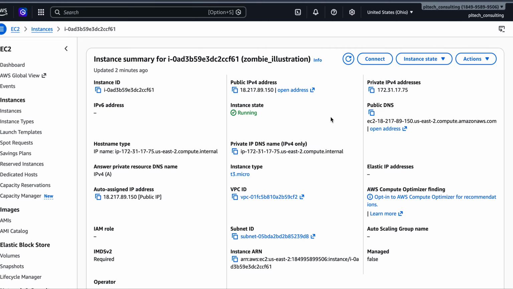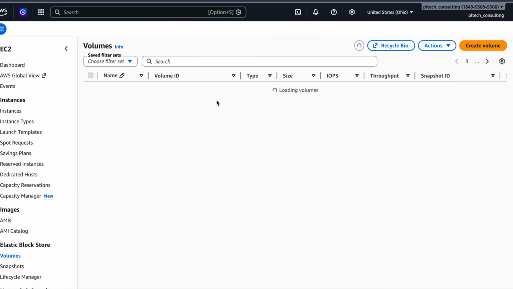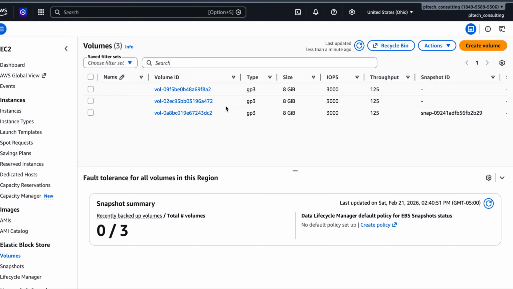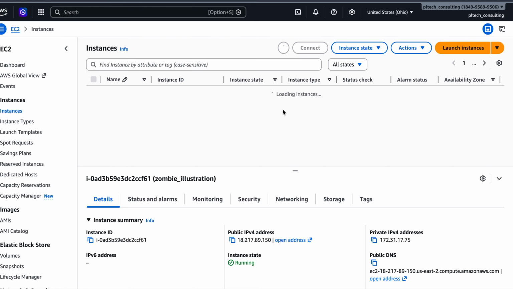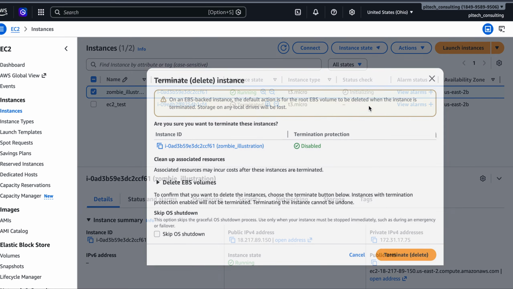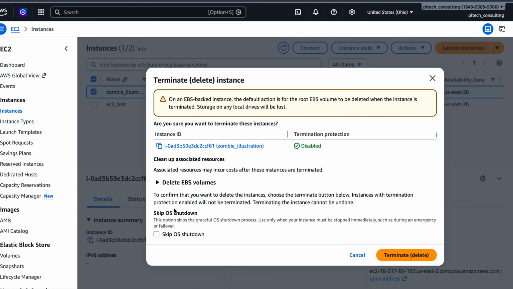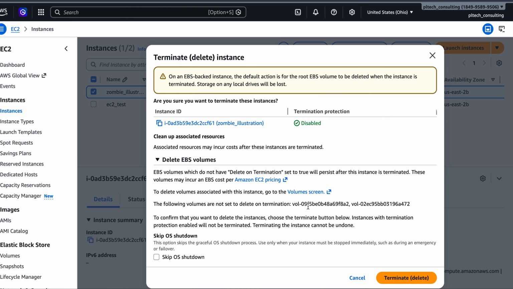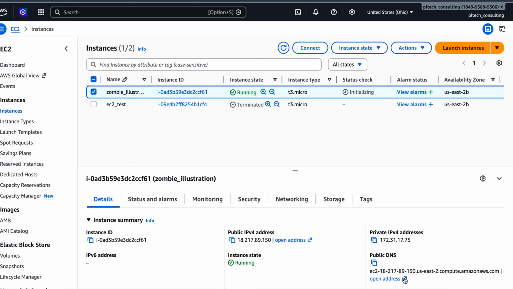Okay, first, before we do that, I'm just going to go ahead and show you the volumes attached to the instance right now. So this instance has 3 volumes. Okay, so I'm gonna go to the instance and I would terminate instance. Okay, so you see some of the volumes highlighted here, so I'm gonna go ahead and click terminate.